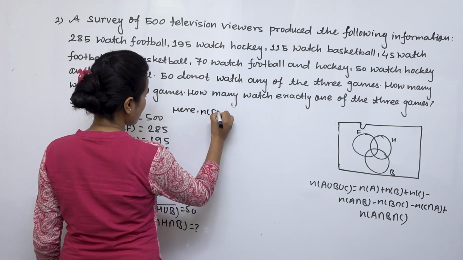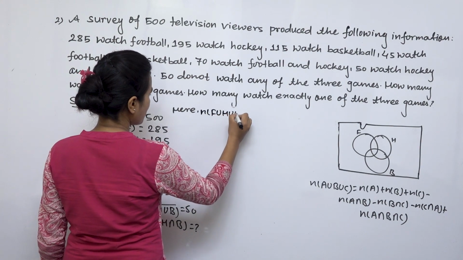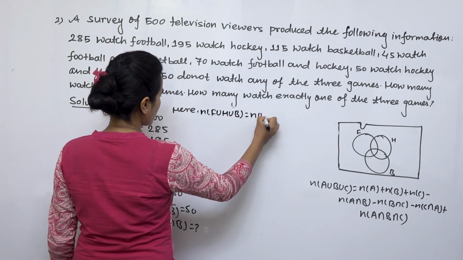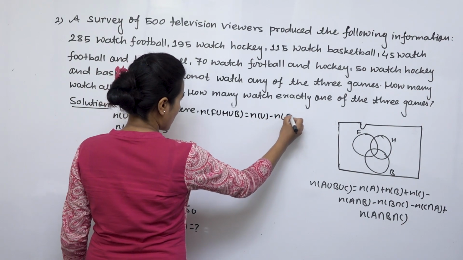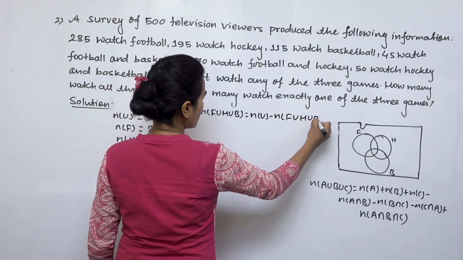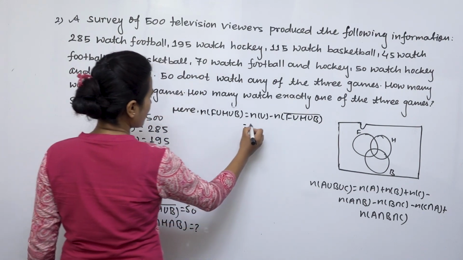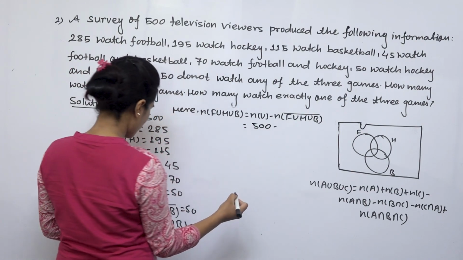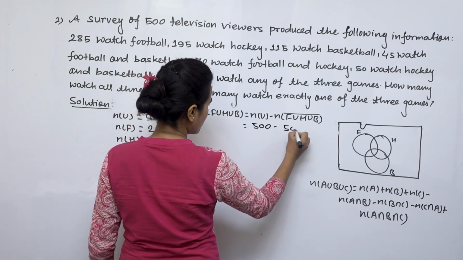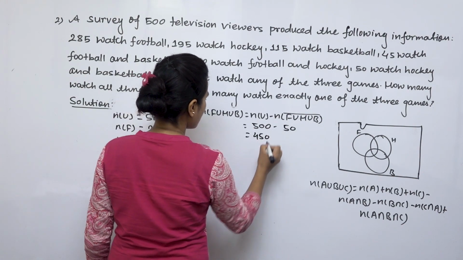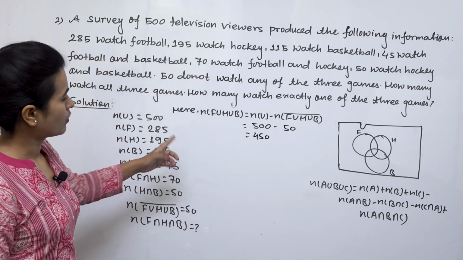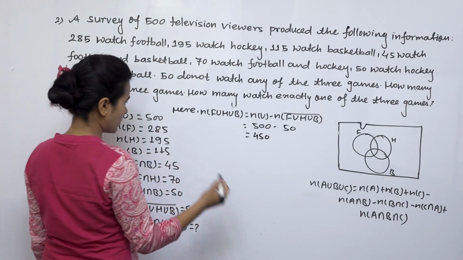So n(F union H union B) equals n(U) minus n((F union H union B) complement). Now n(U) is 500 and the complement of all three sets is 50. So n(F union H union B) is 450.